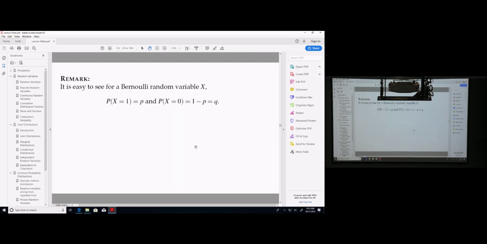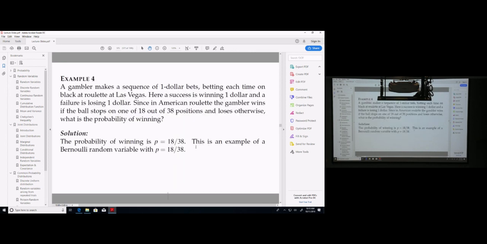I will skip over this. And I think we talked about the roulette, and this is the American version. In the American version, your probability of winning is a little bit less than in the European roulette, but anyway, it's still less than half. So on the average, how much do you lose?